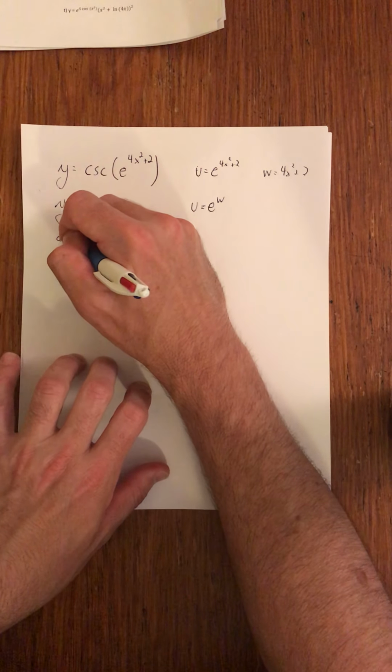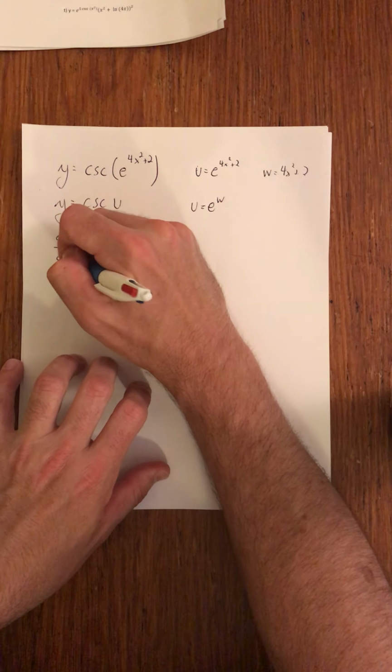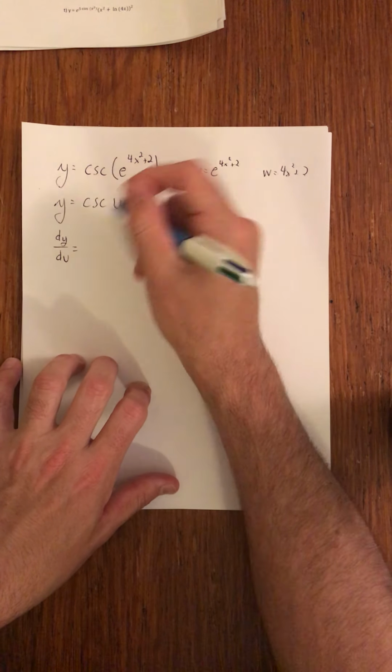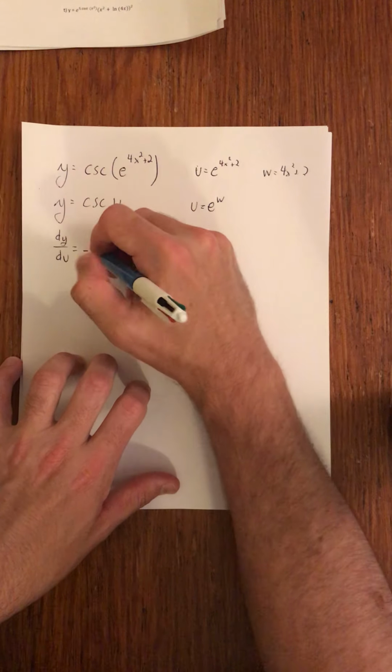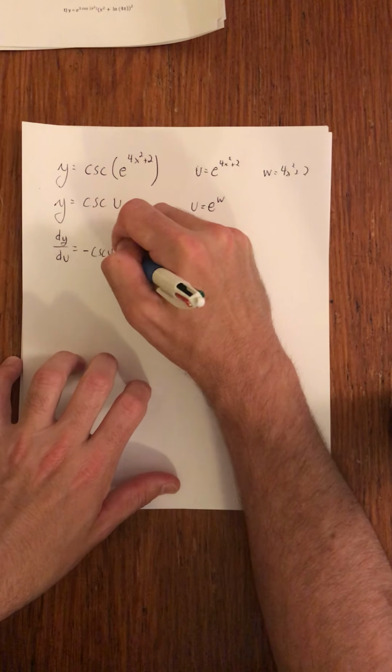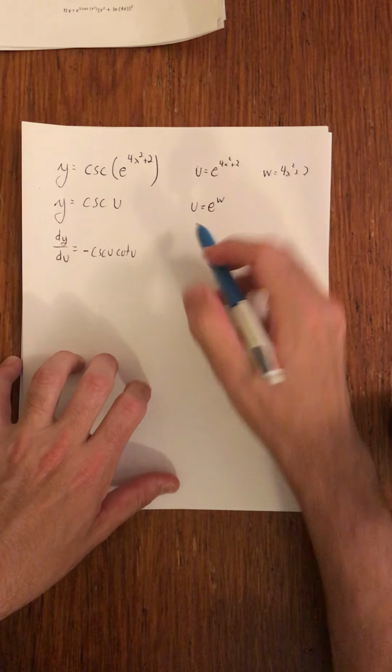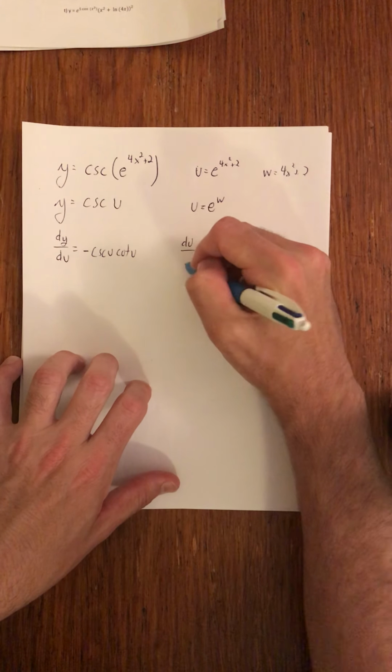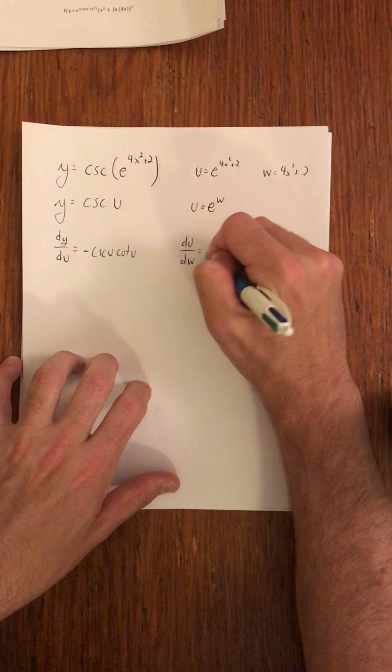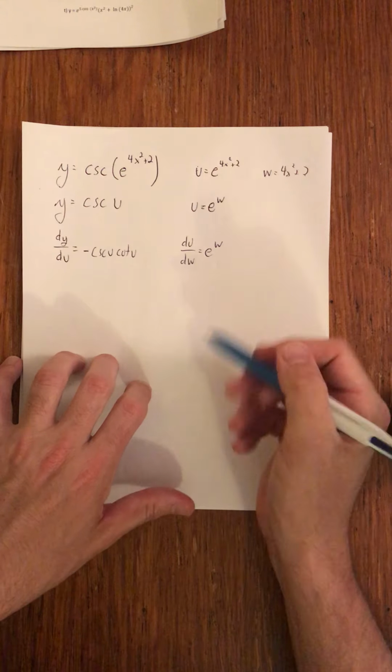So I know I can do dy du, and that's equal to what's cosecant of u? That's negative cosecant of u, cotan of u, right? Here, du dw is just equal to e to the w. That's just simple.